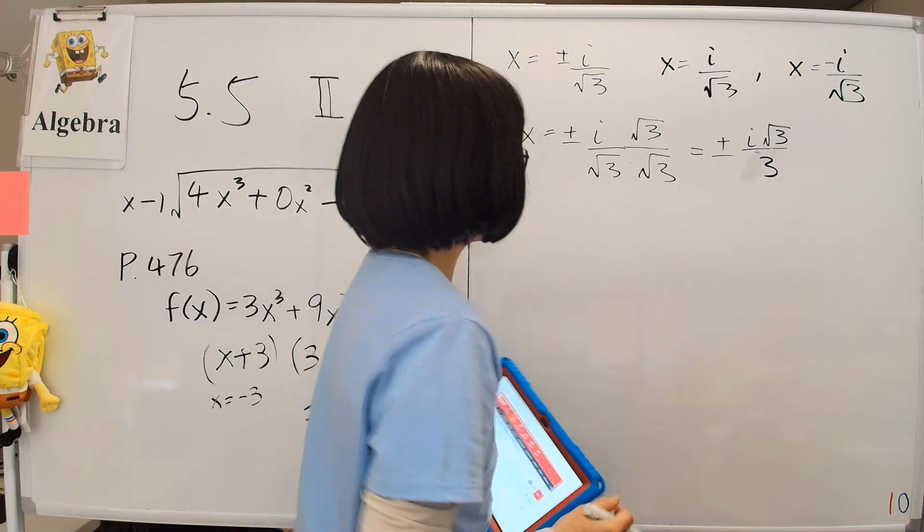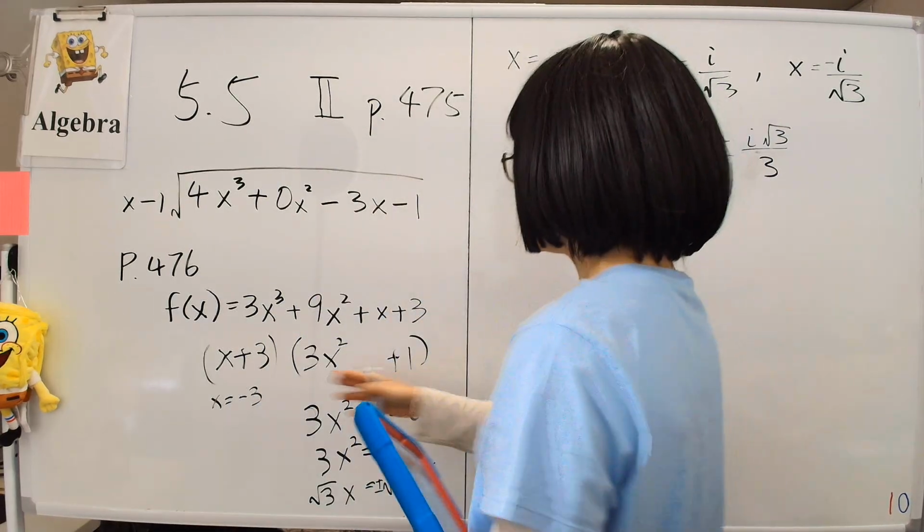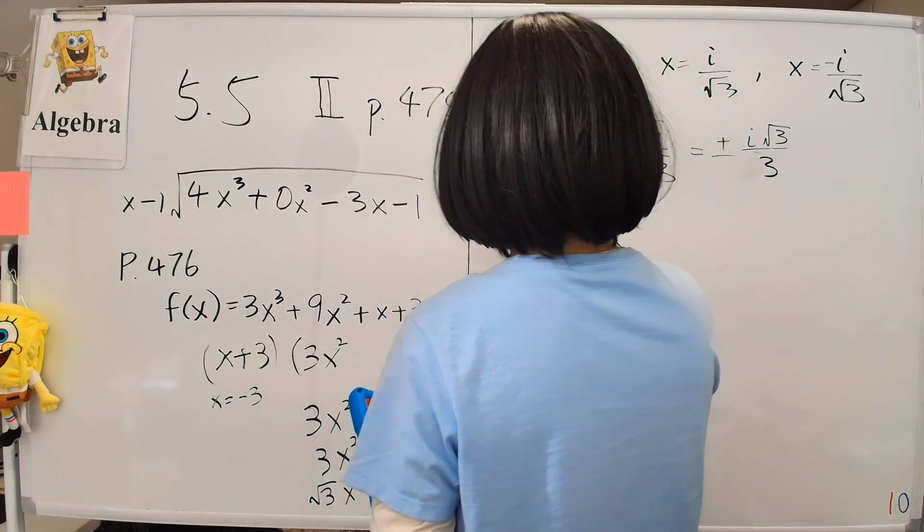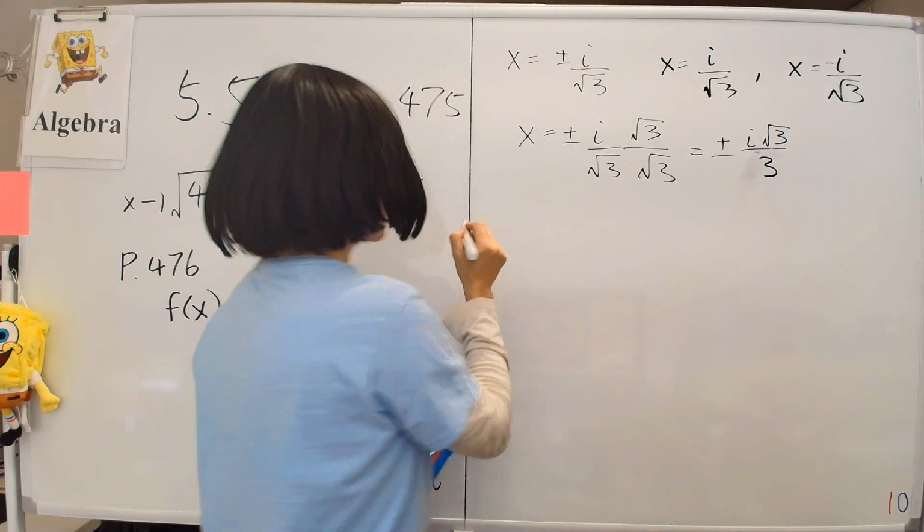So the factoring of this thing, if we are to factor it, originally we had x plus 3. Let me write it this way.